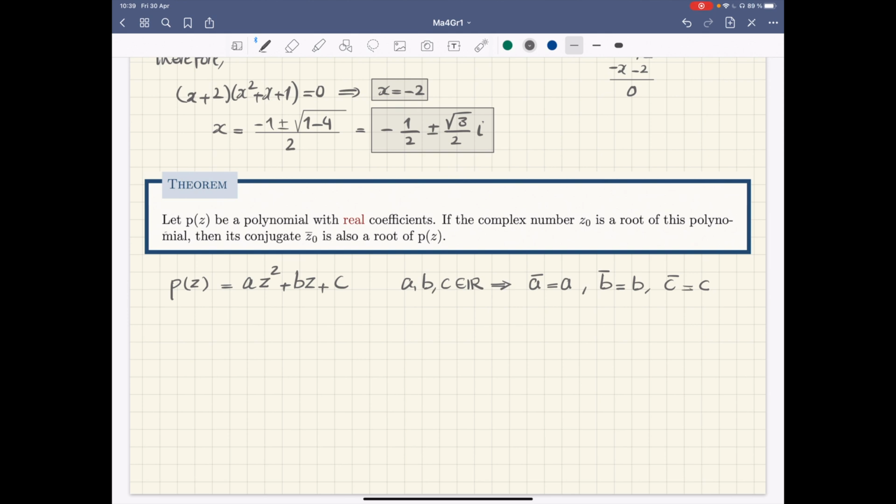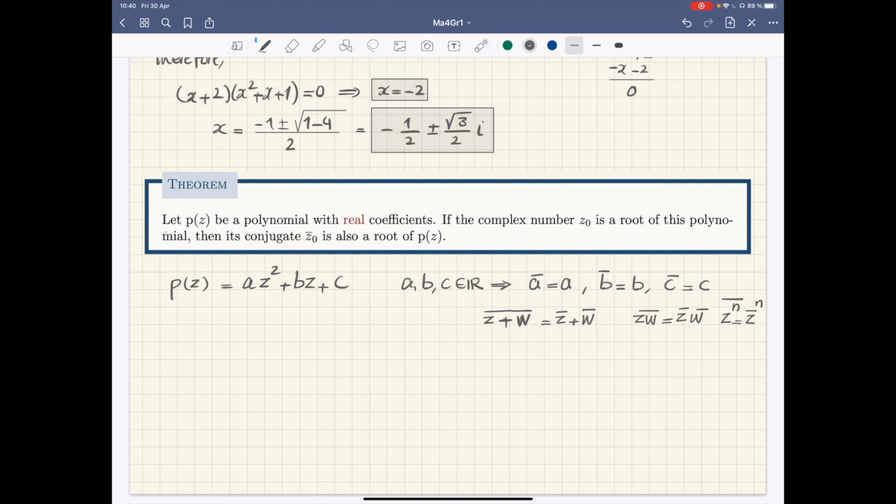And do you remember we had different rules? We know that if I have two complex numbers added and then I want to take the bar, it is possible to put the bar on each one. And then we learned that if I have the bar of zw, it becomes z bar w bar. And we also learned that if I have z to an integer power and I want to take the bar, I can take the bar of the number and then raise it to that power.